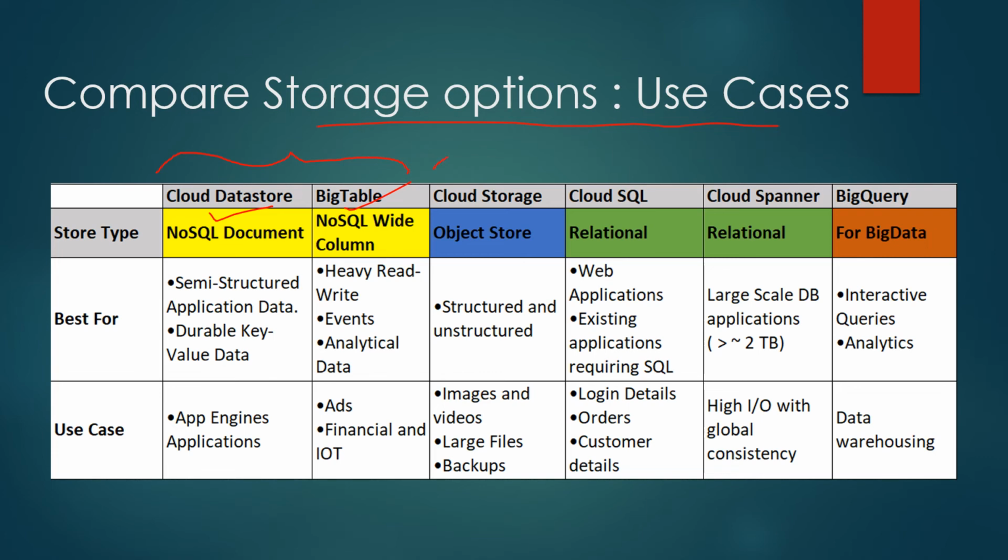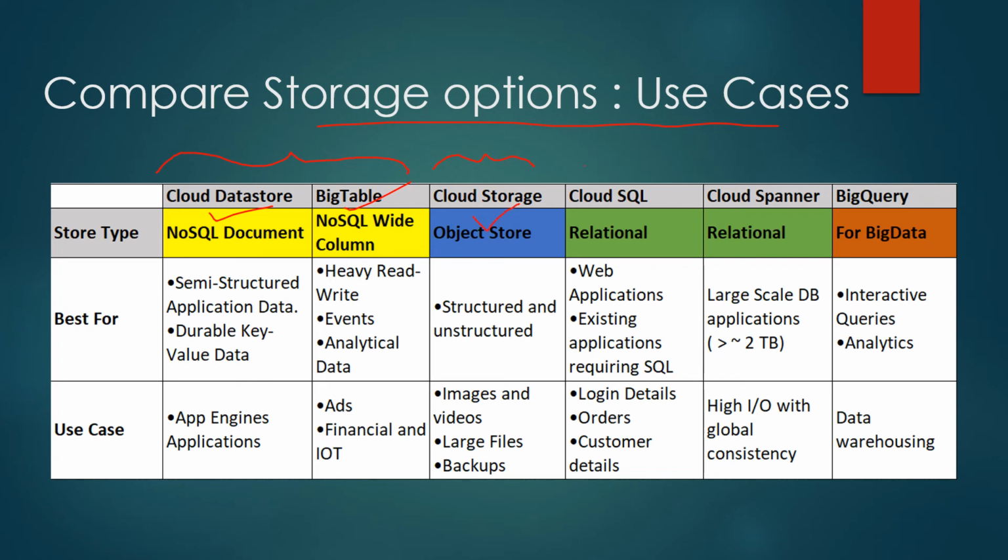Apart from that, if you are dealing only with object storage, with unstructured or structured data, which can be images, videos, large files, or large backup files, some of the backup DBs that you want to store, then you can go ahead with the Cloud Storage option.